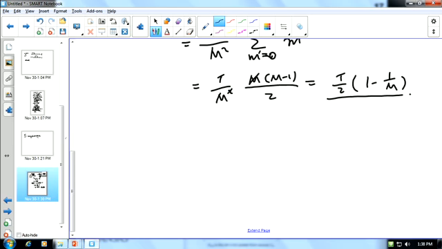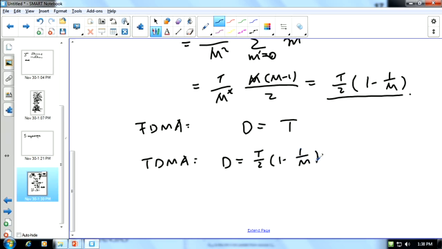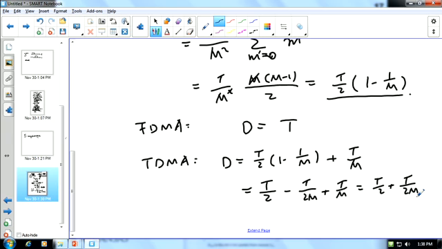So now we put it back together. For FDMA, the total delay will be simply T plus waiting time, which is 0. For TDMA, the delay is half T (1 minus 1 over M) plus T over M. So it's going to be half T minus T over 2M plus T over M, which is half T plus T over 2M.